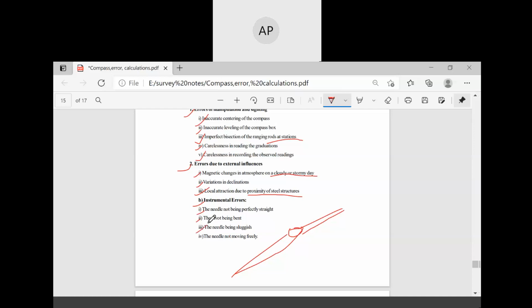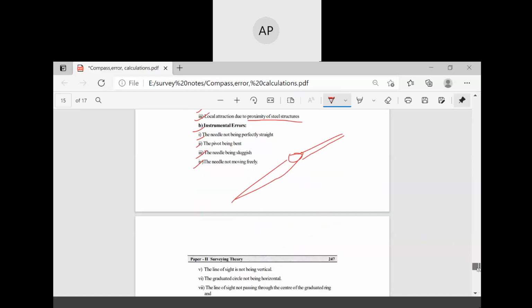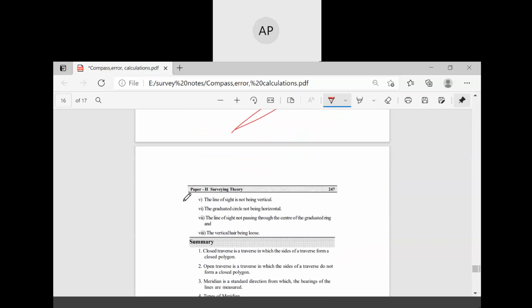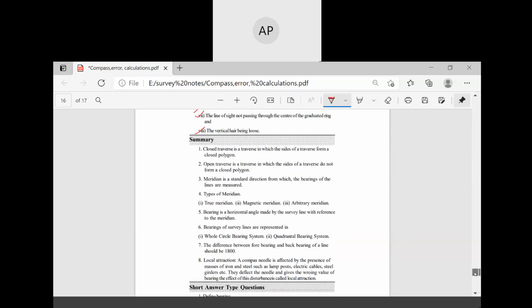The needle being sluggish, the needle not moving freely. The line of sight not being vertical, the graduation circle not being horizontal, the line of sight not passing through the center of the graduated ring, and the vertical hair being loose. The vertical hair in the eyepiece may be loose.